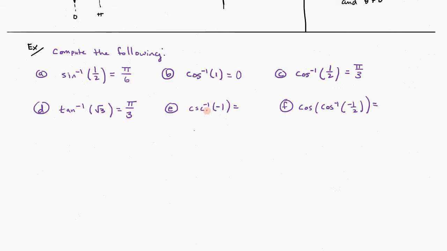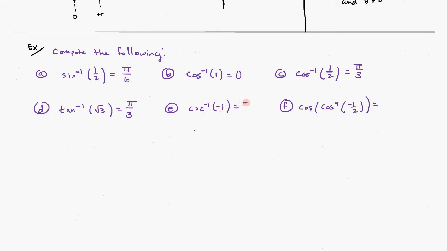Inverse cosecant of minus 1. So we have sine of minus pi over 2 is equal to minus 1. So that means that cosecant of minus pi over 2 is also equal to minus 1.